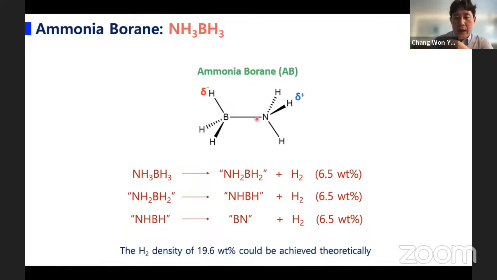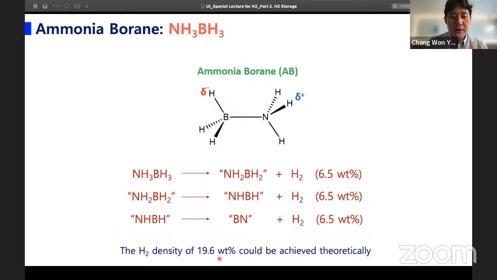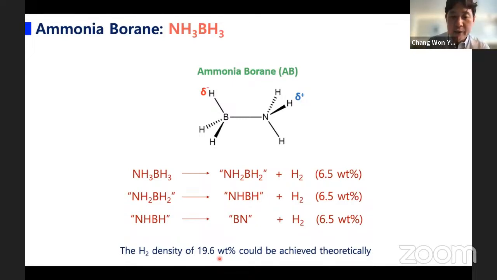And this ammonia borane can produce up to 3 molecules of hydrogen, which means its hydrogen storage density will be 19.63% theoretically. So the gravimetric hydrogen storage density is even higher than ammonia. So this is good.